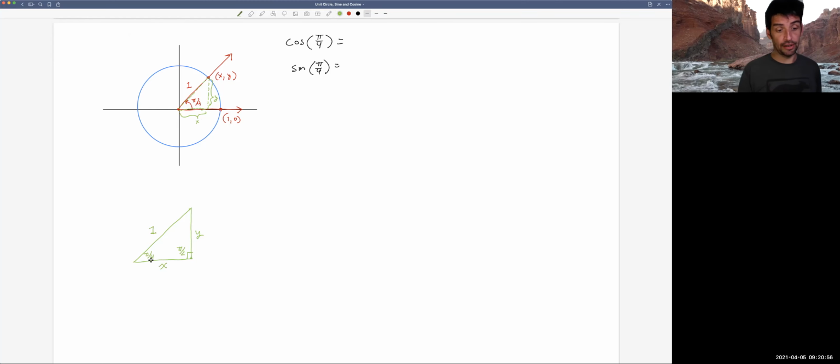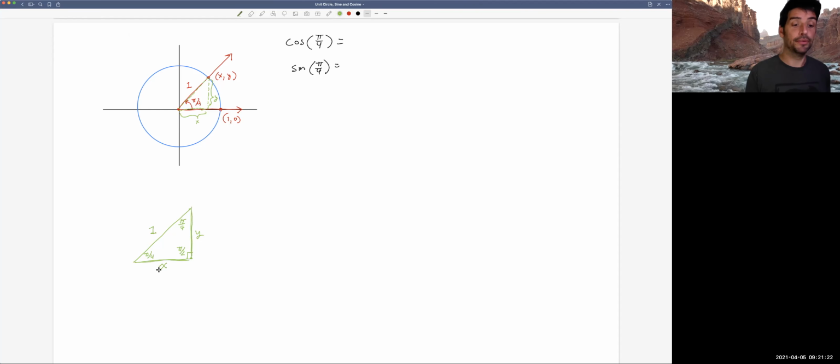So that means pi over 4 plus pi over 2 plus whatever this angle here is have to sum up to pi, which means this must be a quarter, right? We've got a quarter pi, half pi. We need another quarter of pi to get a total sum of pi. The fact that these two angles are the same means that these two sides are the same, right? In this drawing, x and y must be the same.